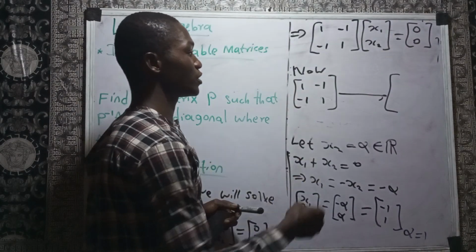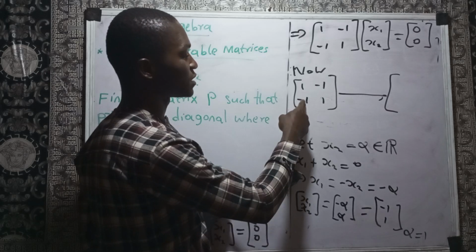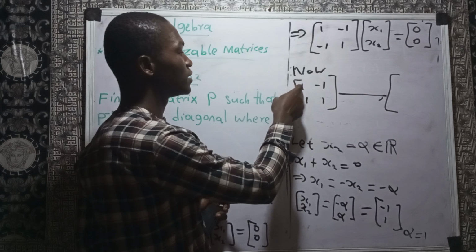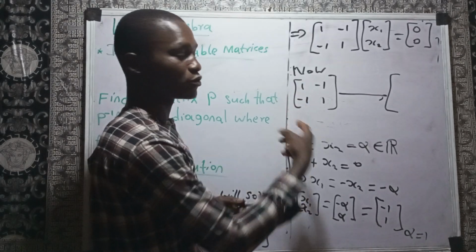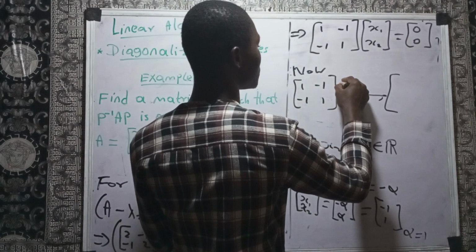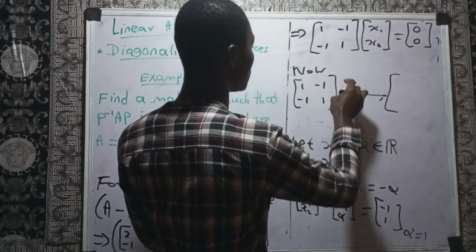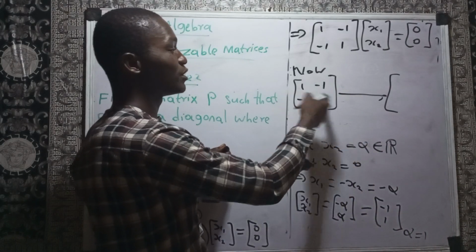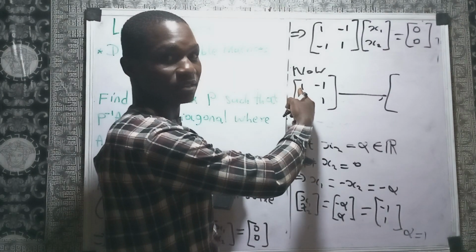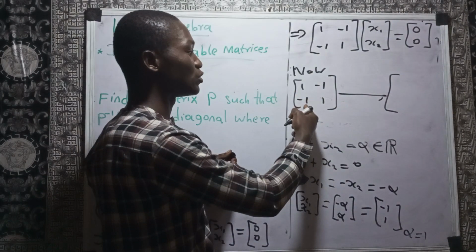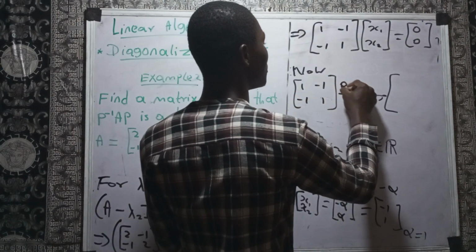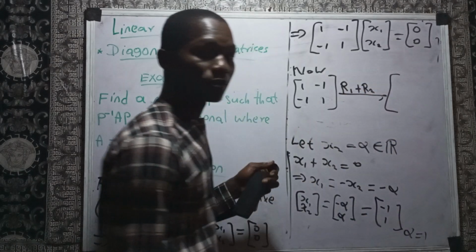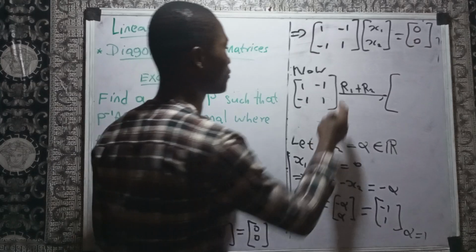So how do we make this negative 1 to be 0? If you add this positive 1 and negative 1, you're going to get 0. So we'll multiply row 1 by 1 and add it to row 2, or simply write row 1 plus row 2.